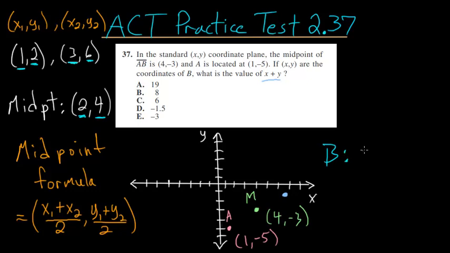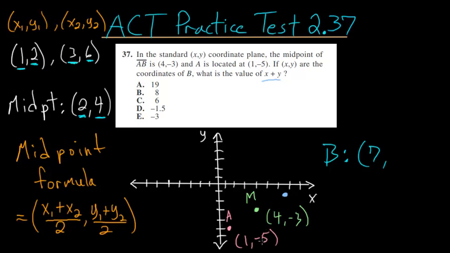So for the point B, we know for the x value, to go from 1 to 4, you had to add 3. So if you add 3 to this 4, you get to 7. And you can test that 4 is the middle of 1 and 7 by just taking their average. 1 plus 7 is 8, and dividing by 2 gives you 4. So we know this process works.